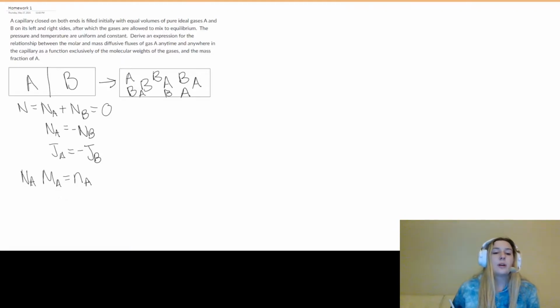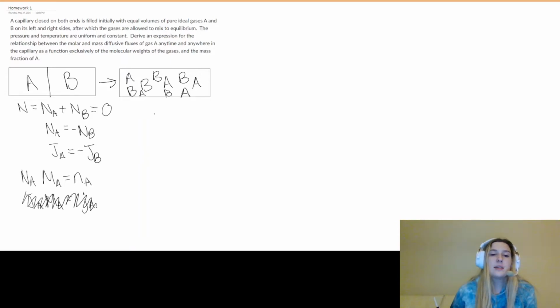So the molar flux of A times the molecular weight of A equals the mass flux of A. And you might think, hey, can't we just do that with molar diffusive flux as well? Well, actually, unfortunately, it's not that simple.